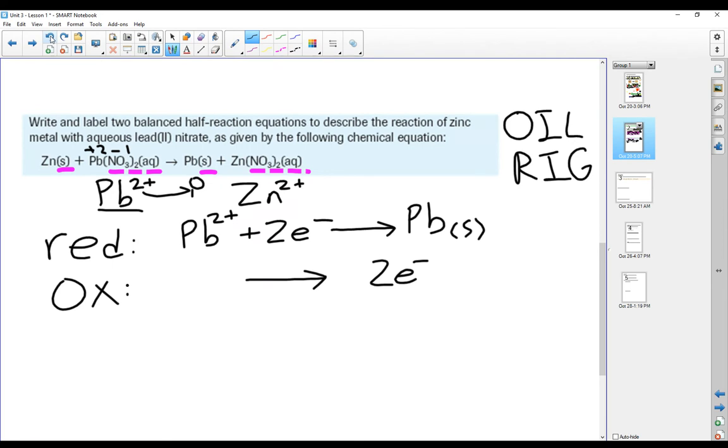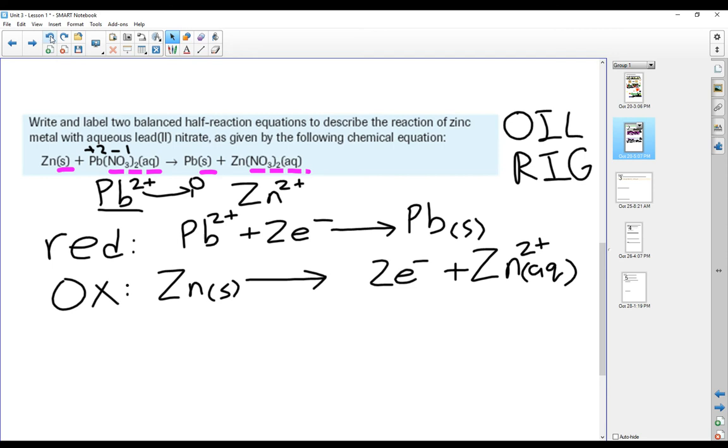All right, similar to our last one, zinc is a solid and it undergoes oxidation, plus electrons, plus zinc 2+. Make sure to put our state, which is aqueous.